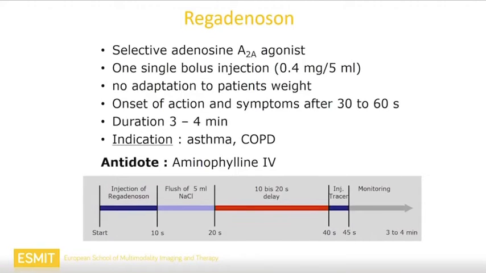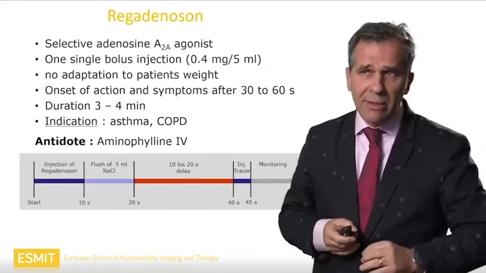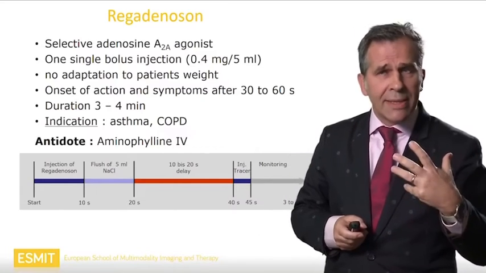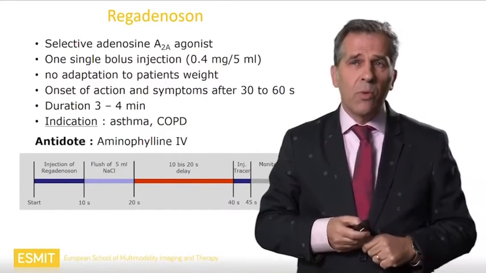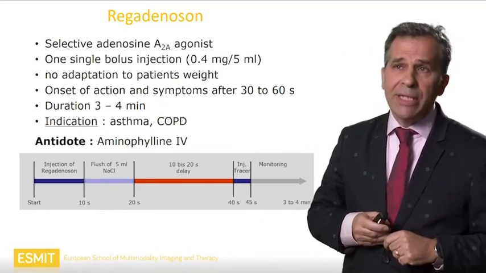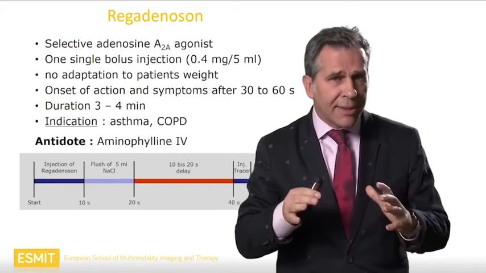This is a new one, what we call regadenoson. It's a very interesting drug because it's a selective adenosine A2A agonist. It's just one single bolus injection with no adaptation to the patient's weight. And again, the duration is about 3 or 4 minutes.